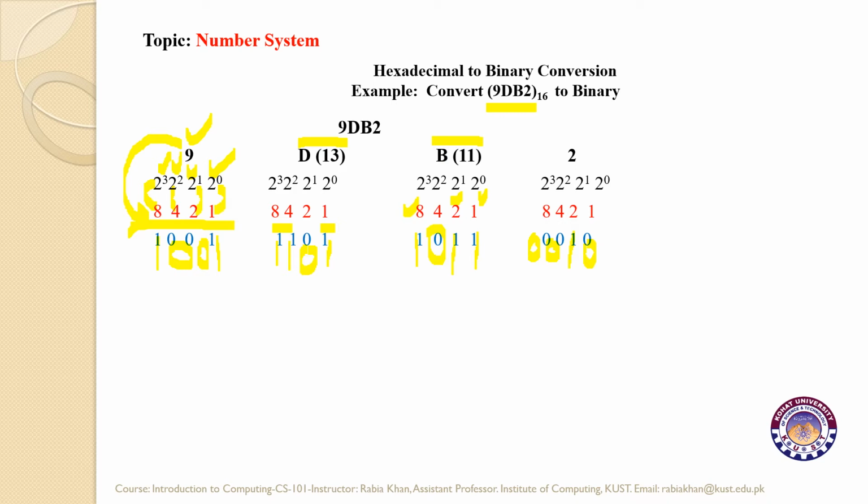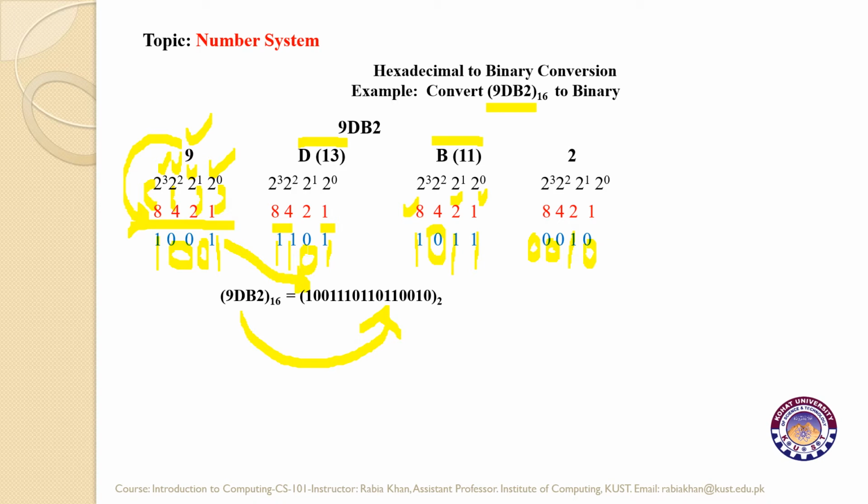We have converted the individual hexadecimal digits into a group of 4 binary bits. So some bits are on and some bits are off. After combining all these, the given answer is 9DB2 in base 16 is equal to. We have to first write the bits for 9. 9 is 1001.